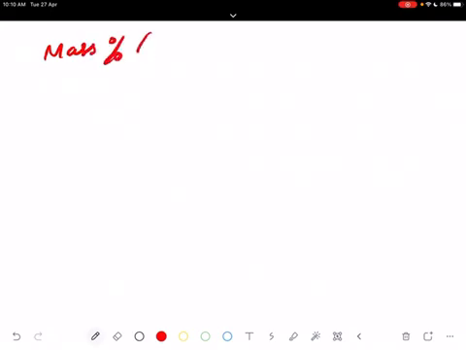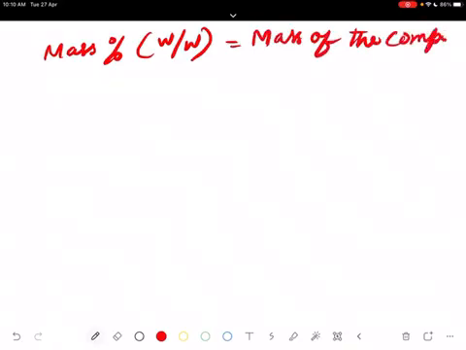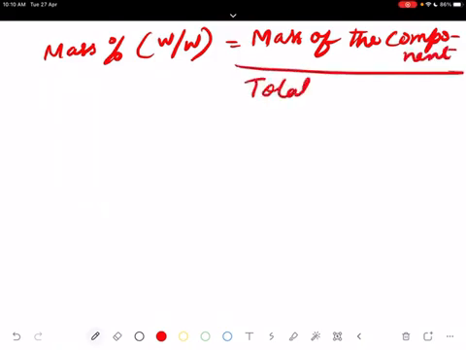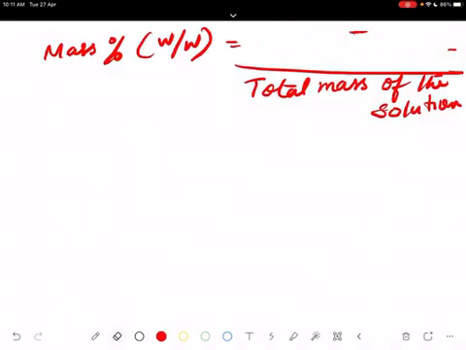Mass percent, that is W slash W, is equal to mass of the component divided by total mass of the solution into 100.